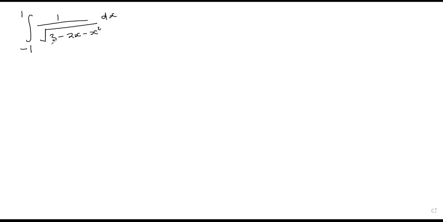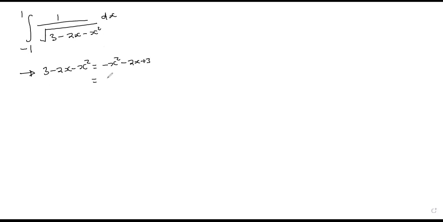So how do we do that? We shall first work on this thing, not under a root. We shall work it out without a root. For this case, 3 minus 2x minus x squared is the same as, we can begin with the negative x squared minus 2x, then plus 3.